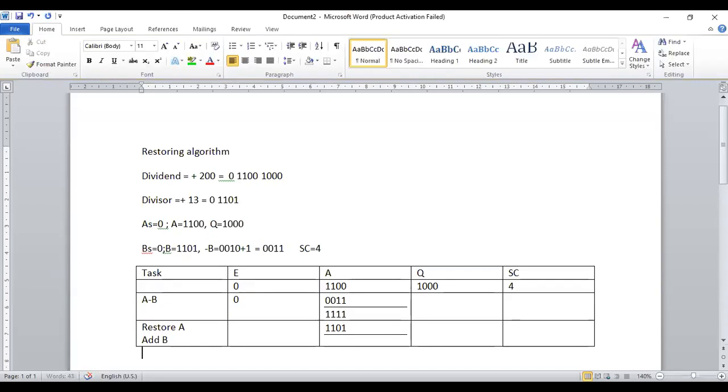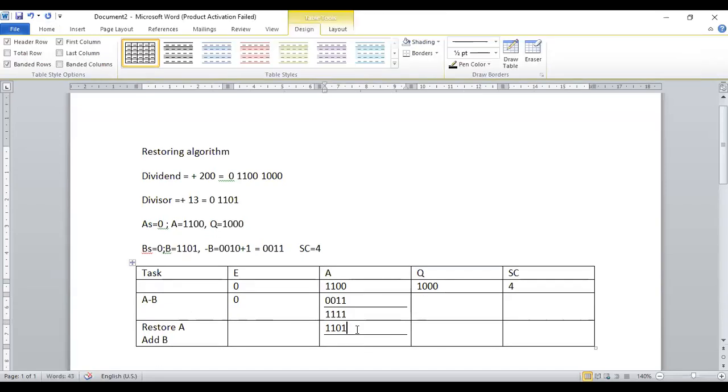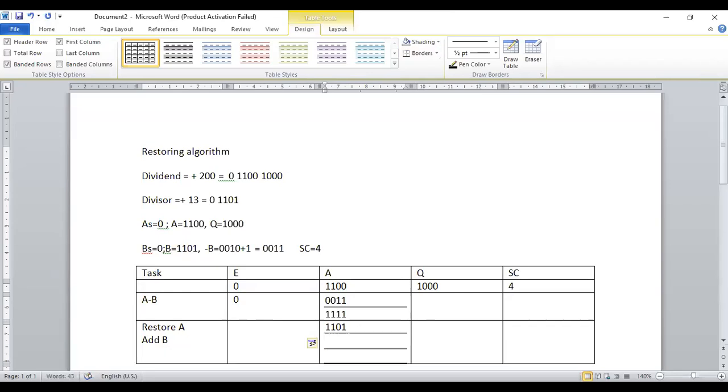After adding these two, what is the result? 1010 1010. So this is 10, this is 10, and this is 1111. We'll be getting E as 1 and 1100. This is the previous A that we got here.